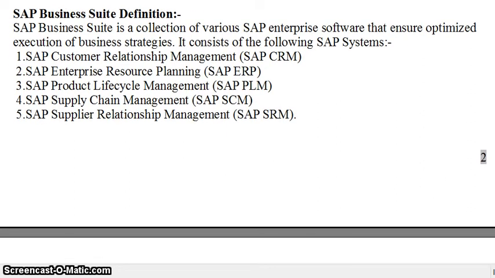You've got your SAP Business Suite definition, which is a collection of various SAP enterprise software that ensure optimized execution of business strategy, which consists of 5 systems below, which are customer relationship management, enterprise resource planning, product lifecycle management, supply chain management, and supplier relationship management.